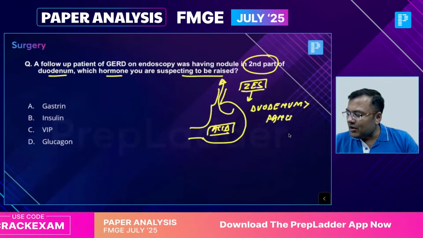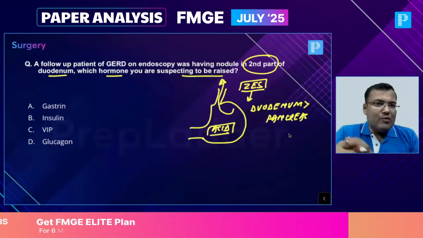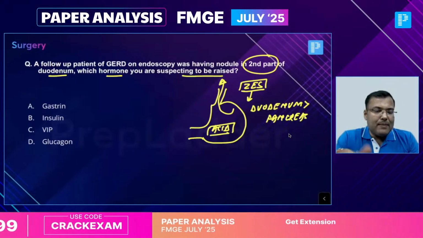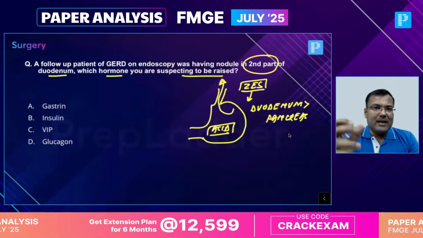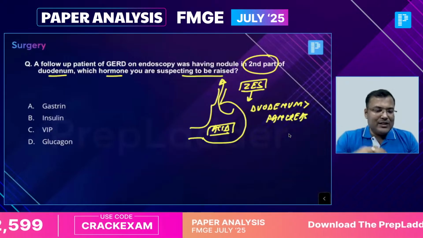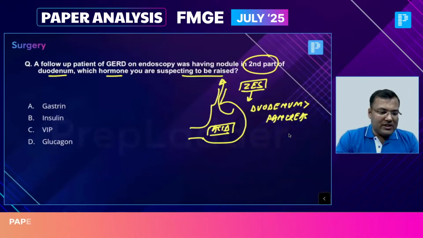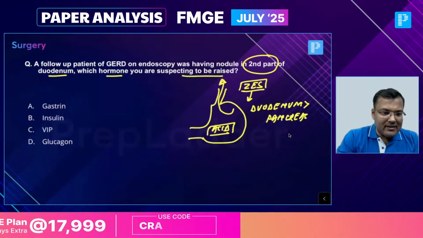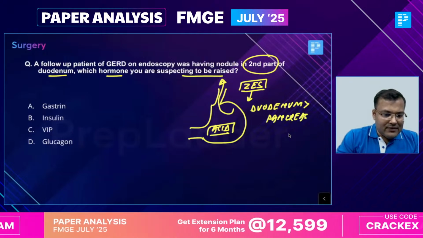One question for all of you. What is the most common site of gastrinoma in duodenum? First part, second part, third part, or fourth part? Guys, it is the first part.